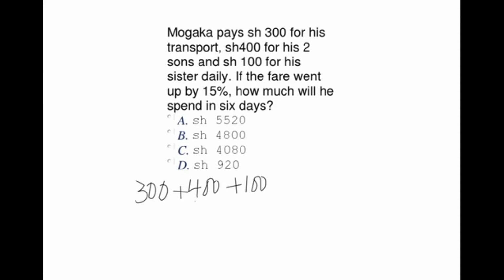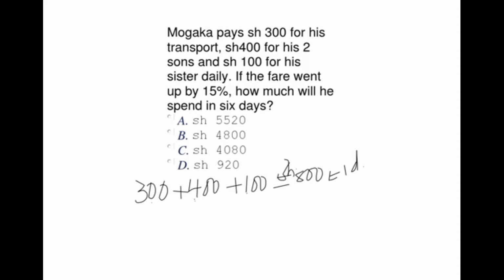So we are going to add 300 plus 400 is 700 plus 100 is 800. So we have 800 shillings daily. Then we are told if the fare went up by 15%, how much will he spend in 6 days? So this is for 1 day.